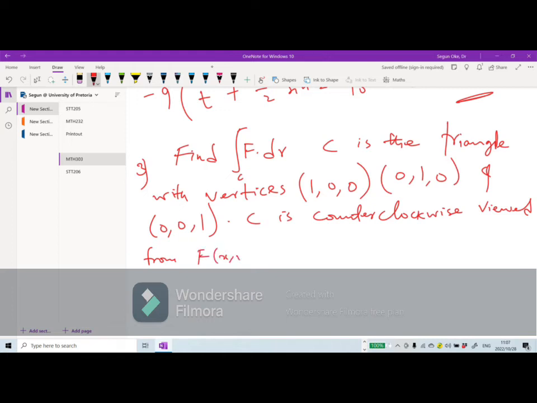F of x, y, z equals x plus y squared i plus y plus z squared j plus z plus x squared k.